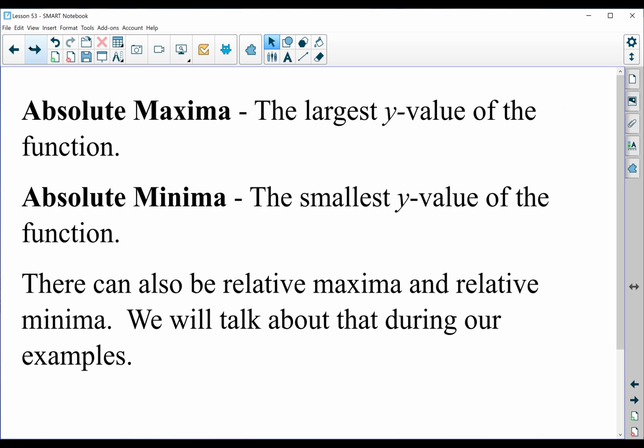Most often, graphs won't have an absolute maxima or an absolute minima, but they might have a value that compared to everything around it is the largest. We call that a relative maxima. Or if it's smaller than every other value around it, it's called a relative minima. So we'll see that, like I said, in some of the examples that we do.